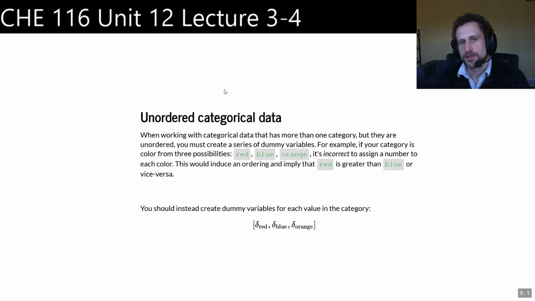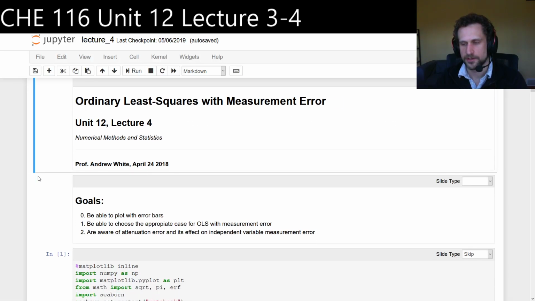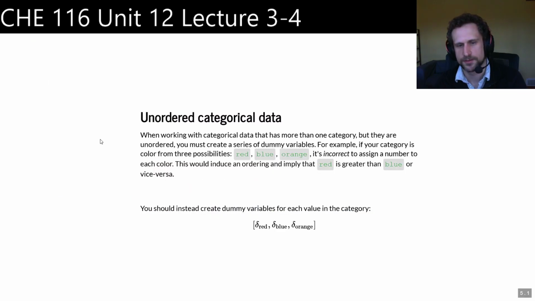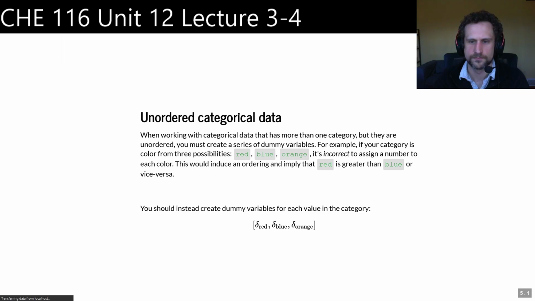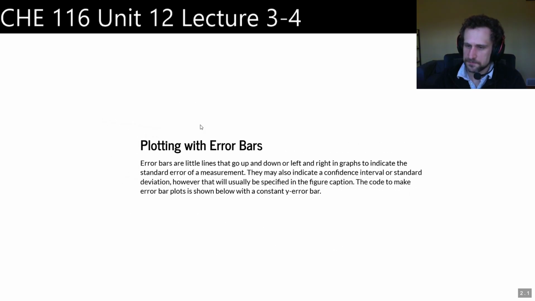All right, so we're a little bit short on time, so I'm going to just give a quick overview of lecture 4, and I'll leave it for you to look at on your own. Let me just turn on the lecture. So lecture 4 is quite short, but there's two things to take away.